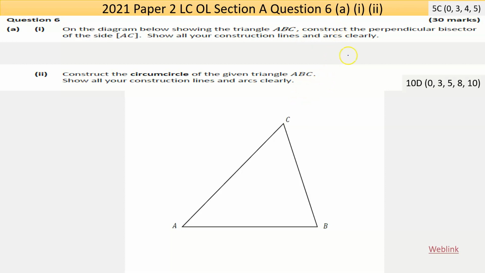So this is a fairly standard construction. Now, sometimes this is given just as a line on its own, not at this kind of orientation. But I suppose one simple way to do it would be to take your compass and measure probably more than halfway, and you can make an arc here and here.